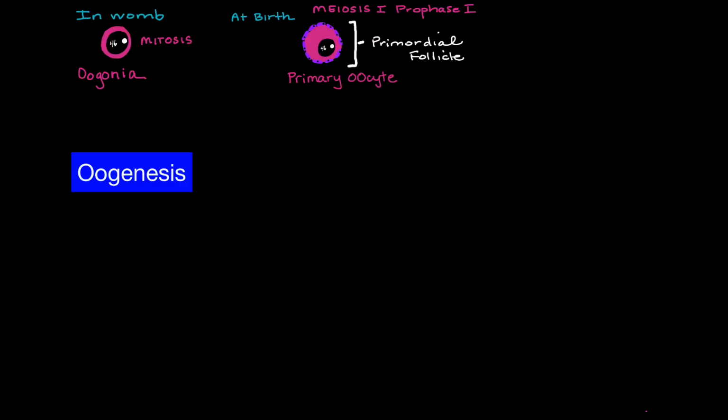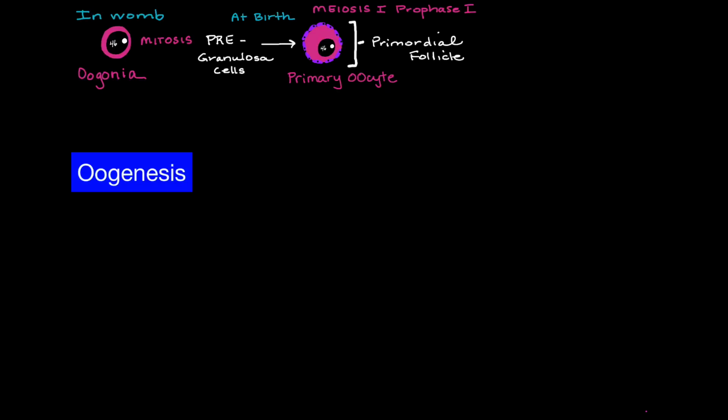With regards to the follicle, because we've got this ring of squamous-like cells, we call this a primordial follicle. And these cells, because we only see one ring of them, are called pregranulosa cells. So by the time the female is born, she essentially has her complete supply of primary oocytes, and they're all arrested in prophase 1 of meiosis.